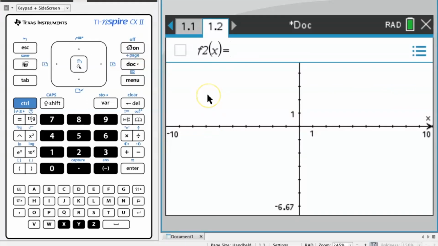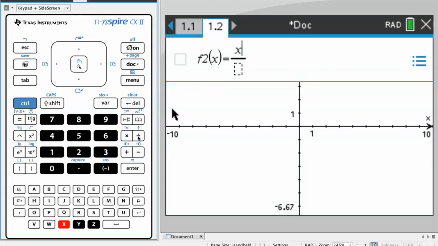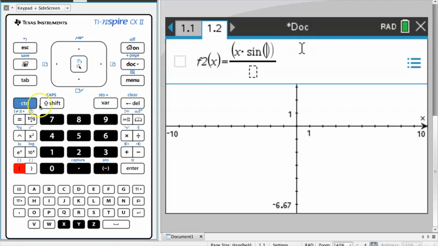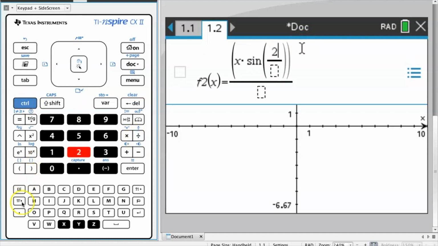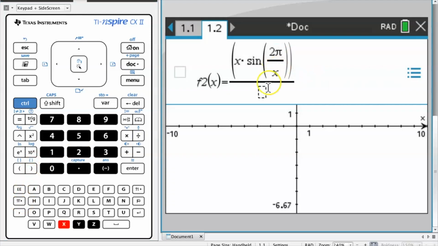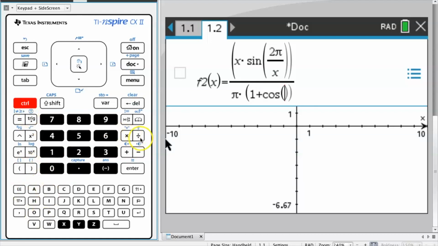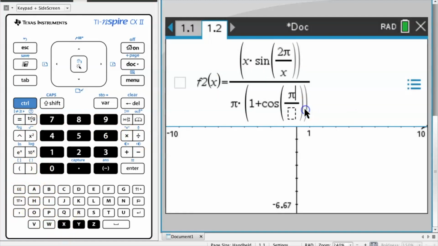Similarly for n being odd, let's sketch the graph: x times sine of 2 pi over x, divided by pi times 1 plus cosine pi over x.